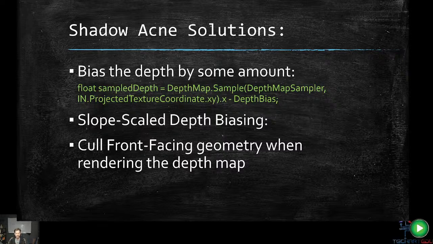Now, if you get into more sophisticated shadow map rendering, you deal with something called slope scale depth biasing, where you take the slope of the geometry with respect to the camera, looking at the angle of the polygon compared to the camera.